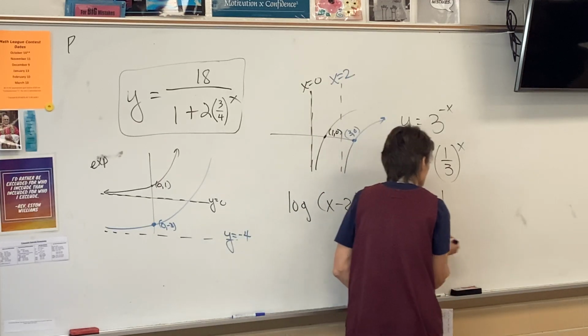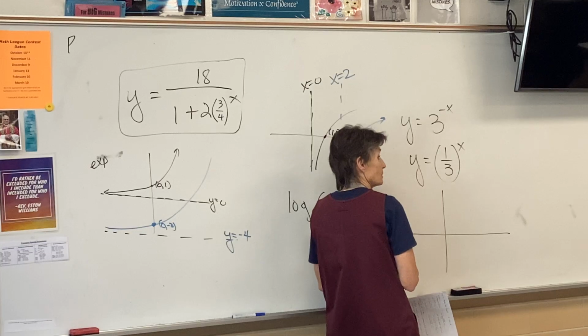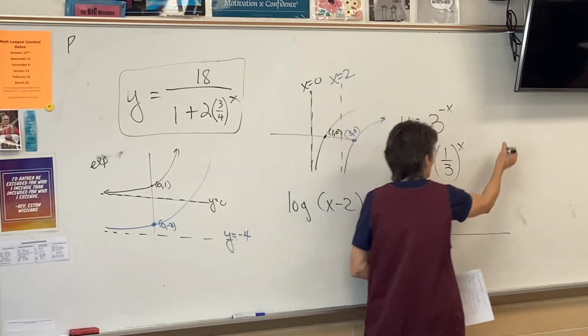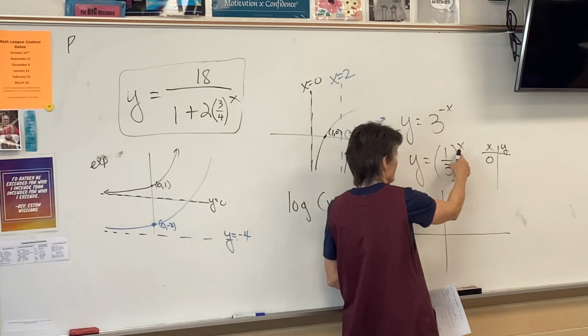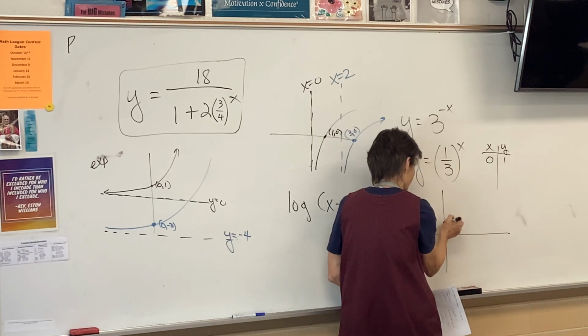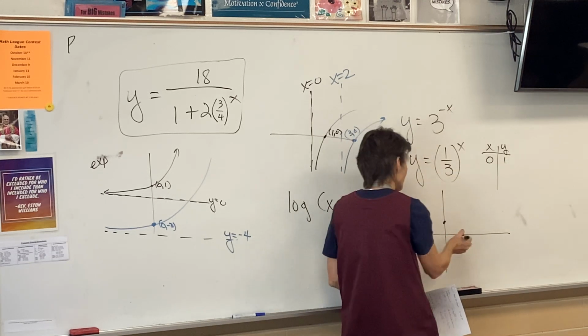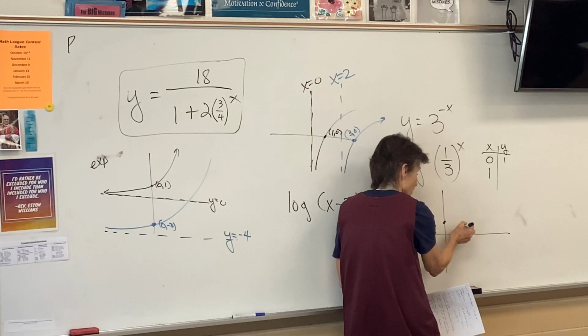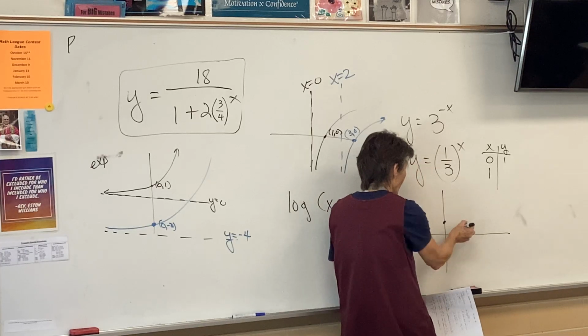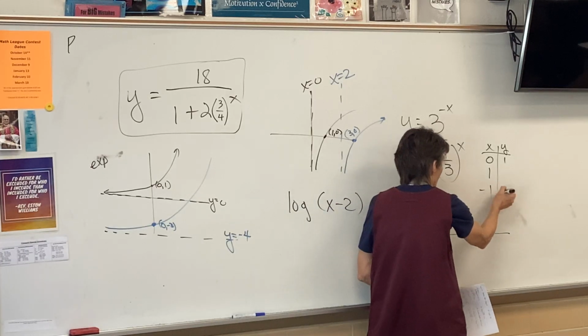So it says plot some points. Okay. If I put in, so I put t-chart. If I put in 0, I get 1. What if I put in 1? 1/3? What if I put in -1?